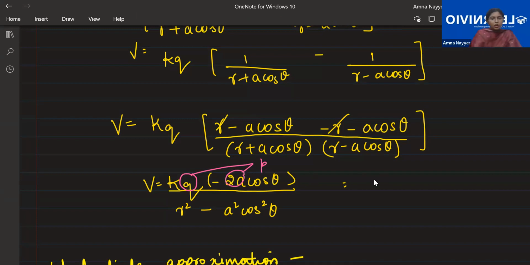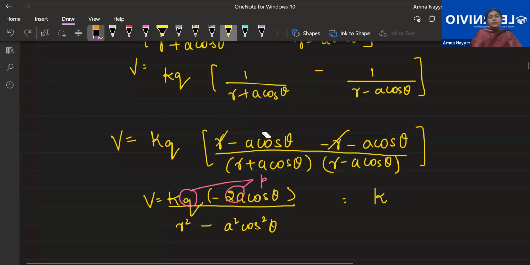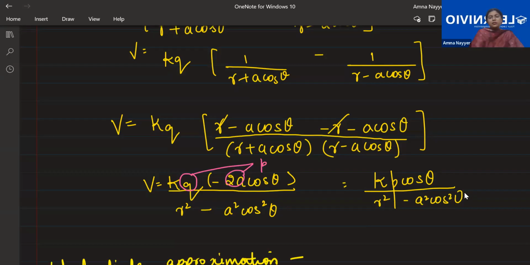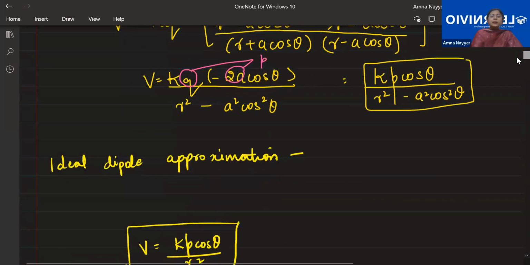So when you take the modulus of it, you will get K, not Q, sorry, KP cos theta divided by R square minus A square cos square theta. So this is the potential due to the dipole for the general point.